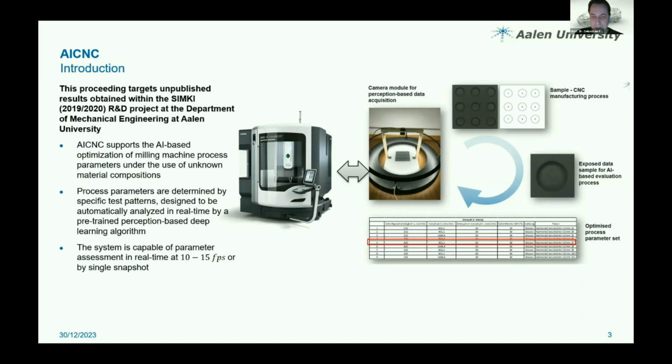And we have a camera setup and some specified test patterns created with different machine parameter settings. According to the test patterns, there is an assessment process by AI, and then there's a correlation process from the best judged AI results to the optimized machine parameter settings.